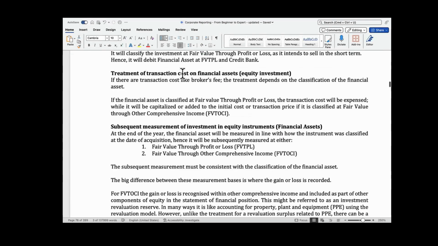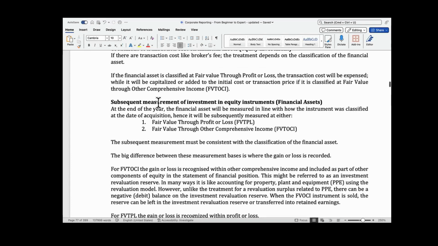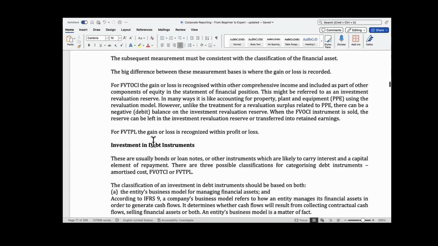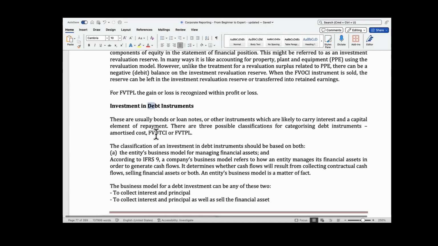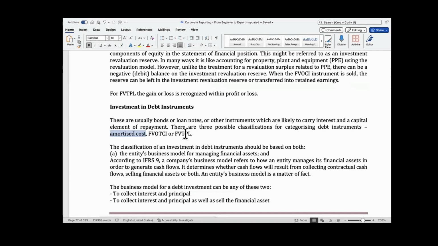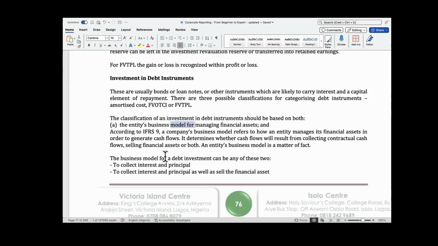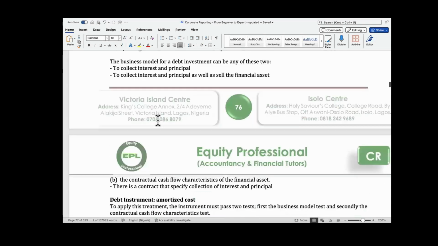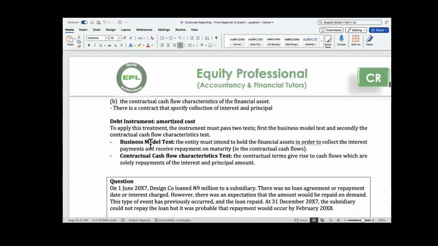When you have transaction costs, if it is fair value through P&L, you expense that transaction cost. If it is fair value through OCI, you capitalize it. And we went to debts. We said you can classify it as amortized cost, fair value through OCI, or fair value through P&L. And we said the basis is looking at the business model and the contractual cash flow. We said to classify at amortized cost, the business model is solely to collect interest and principal.